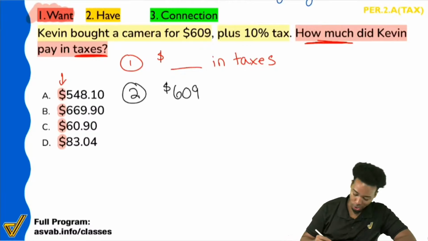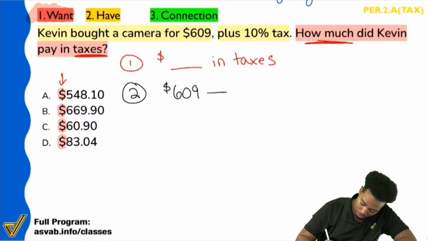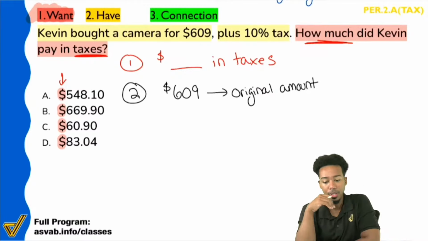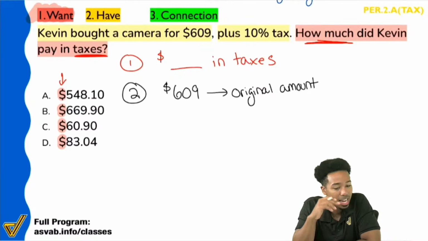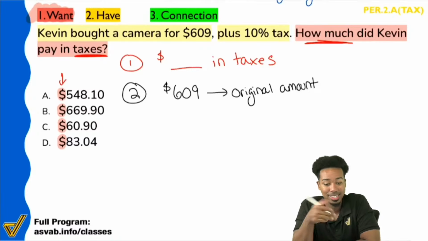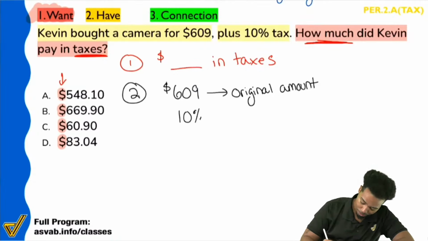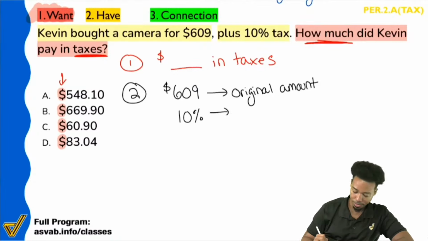And so that's the original amount. That right there is the original amount. We've got to make sure we understand and see that, because it says that we're then applying the tax on top of it. And so everyone, that 10% that we see, what does that represent?